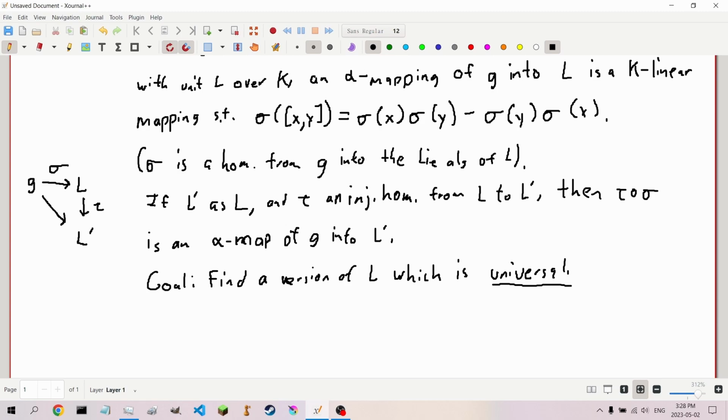So for all G there exists an L and a sigma such that for all L prime there exists, and this existence is unique, a tau such that tau composed with sigma is an alpha map.